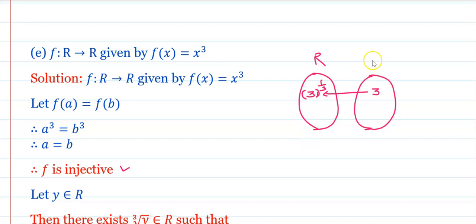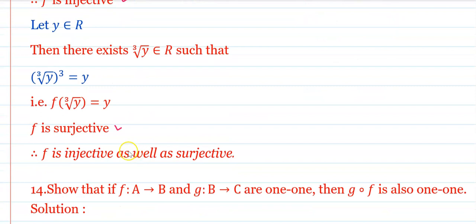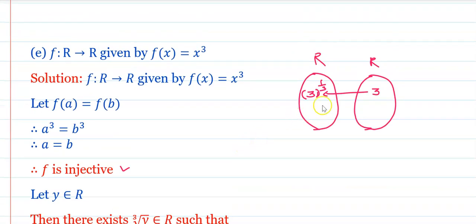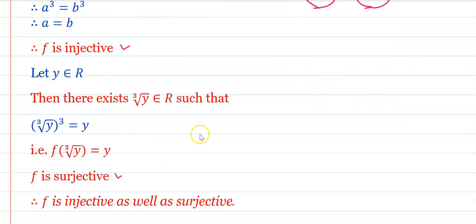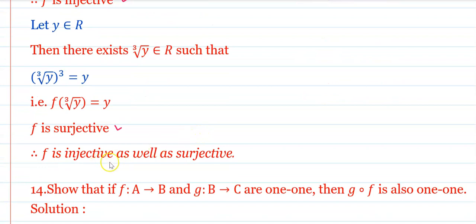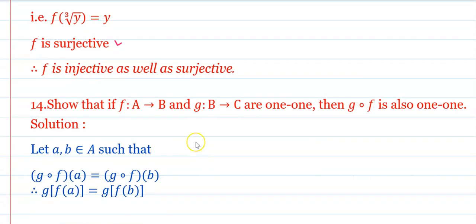Okay, because this is the set of real numbers, all types of numbers are there, and hence it is onto. So 1 1 arises. Okay, and therefore it is surjective, and therefore f is injective as well as surjective. Set of real numbers मध्ये सर्व प्रकारचे natural, whole, rational, irrational, all the types of numbers are there, and hence it is 1 1 and onto, that is injective as well as surjective.